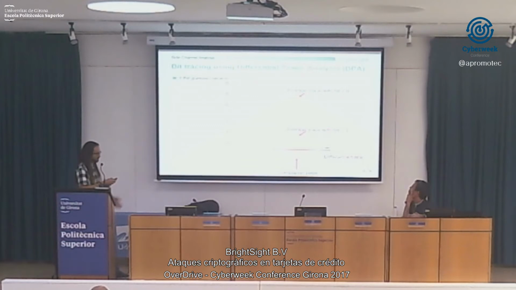But what happens if the guessed value is correct? We will be performing the right grouping. The zeros consume less power than ones, and when both average traces are subtracted, we will identify a peak that is usually known as a correlation peak.